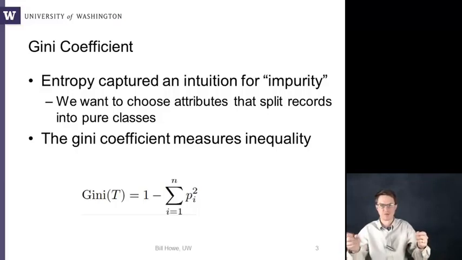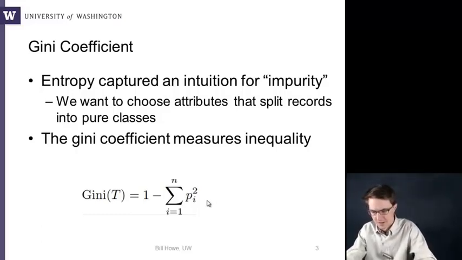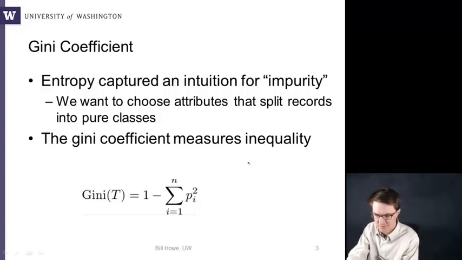We measured this intuitive notion of impurity using entropy. Another calculation of the intuitive notion of impurity is the Gini coefficient. It looks like this. If you think about how this behaves, we're not necessarily going to derive this, and there are varying notions of how to compute the Gini coefficient in general.